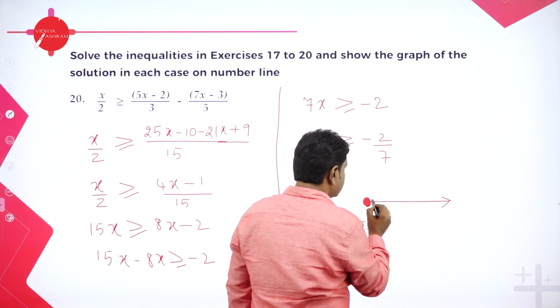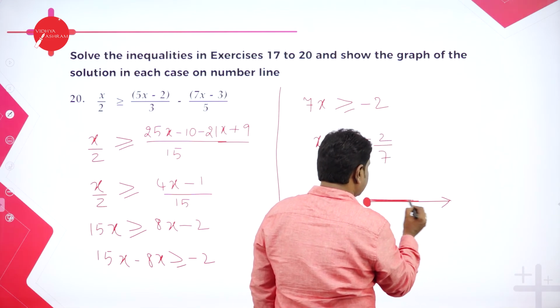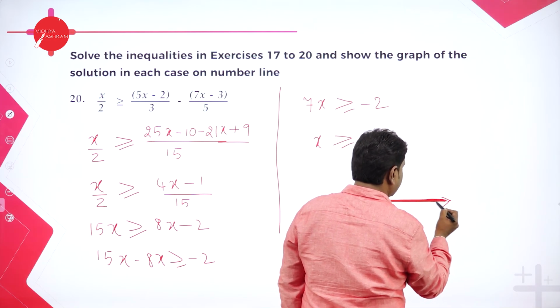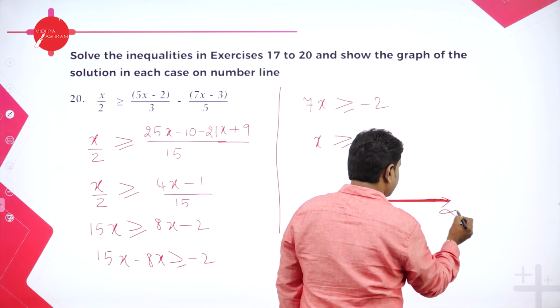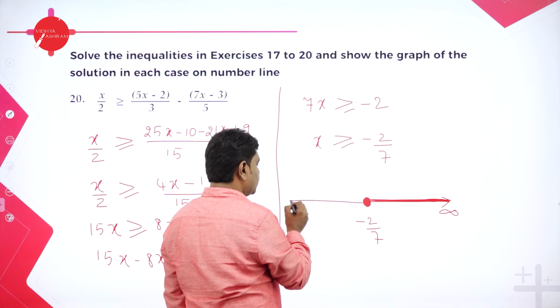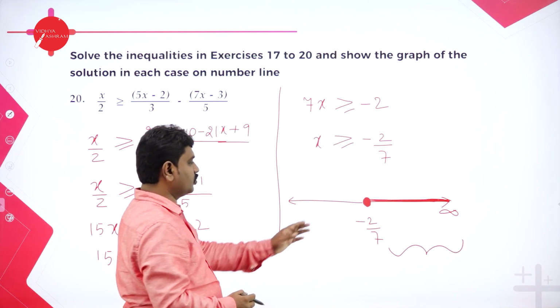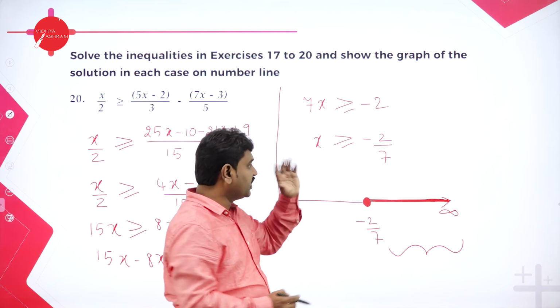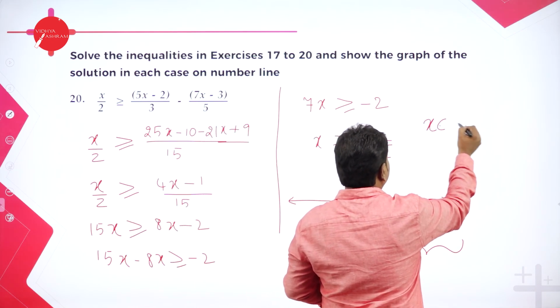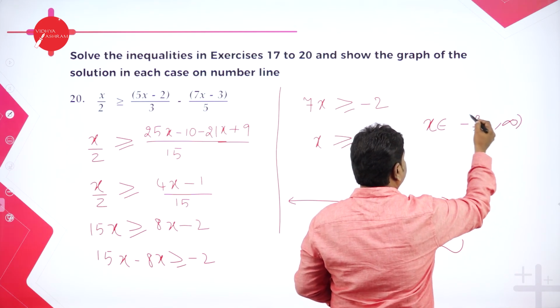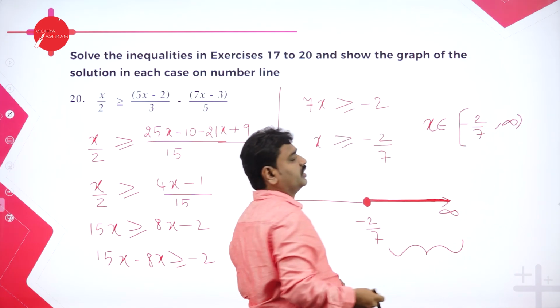Greater means shade towards right, so make the line thicker towards the right side on the number line. We'll get what? Positive infinity, and here it will be a thin line. So this is your solution region. If you want to write in interval, x belongs to what? Minus 2 by 7 till positive infinity, including, this is a closed interval.